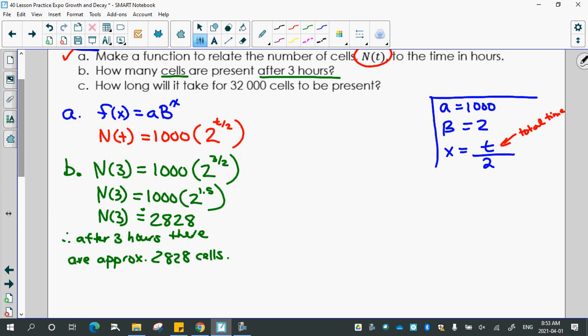And then C, how long will it take for 32,000 cells to be present? So again, we've got our formula, number of cells at time t is equal to 1,000 times 2 to the t over 2.